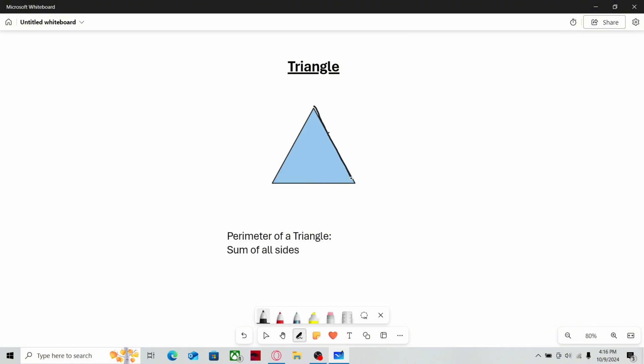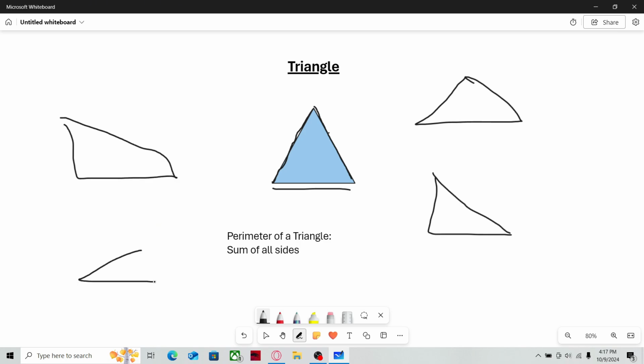You just need to add this side, and this side. But do note that a triangle doesn't always come as an equilateral triangle. You can have isosceles triangles, right angle triangles, and many other triangles, some obtuse triangles, or maybe an acute triangle, whatever it is, right?